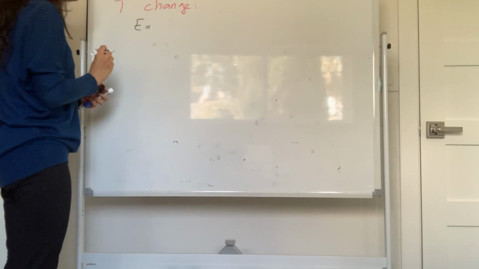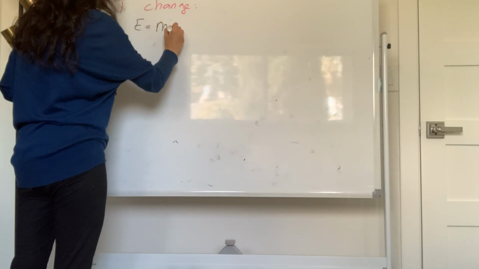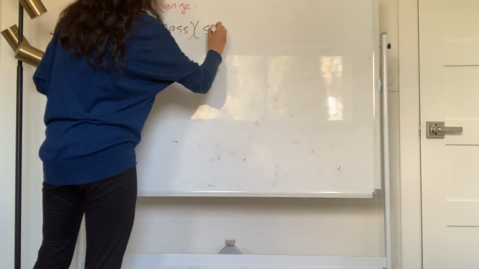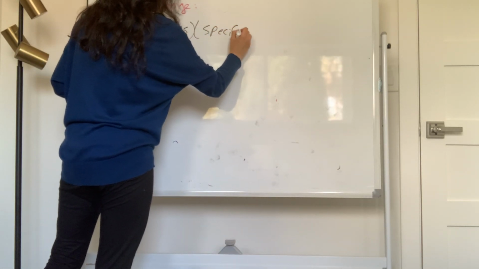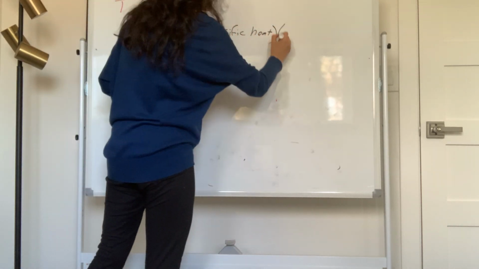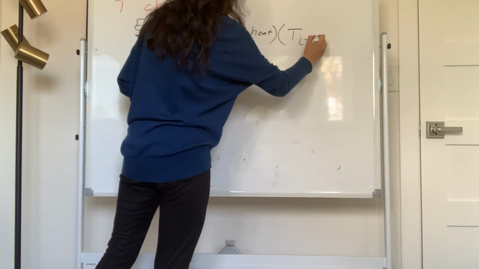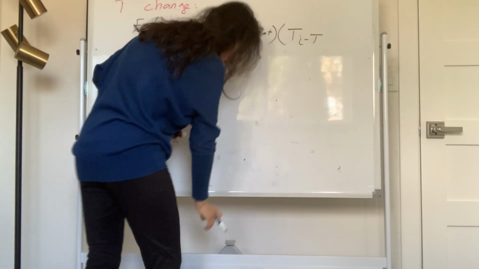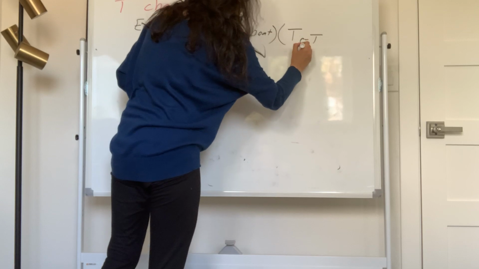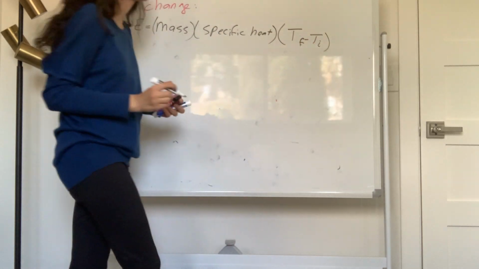E for energy equals mass, how much you have, times specific heat. Specific heat is a constant. You may have no idea what that means. We'll talk about it. Times T final minus T initial. Okay.